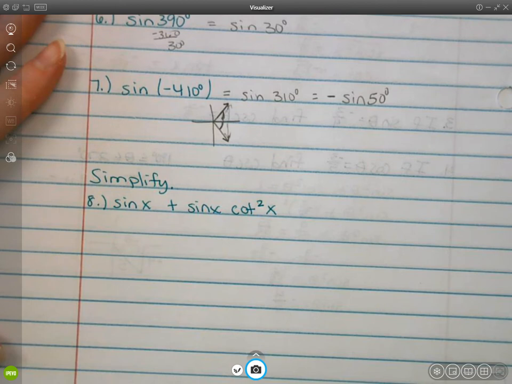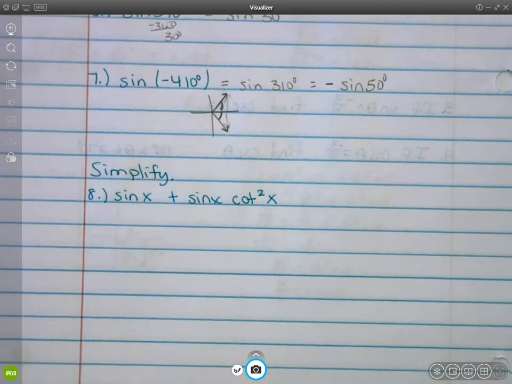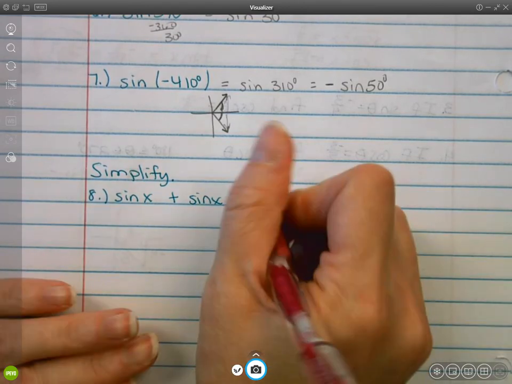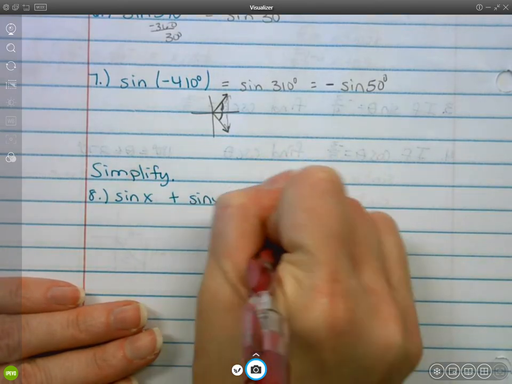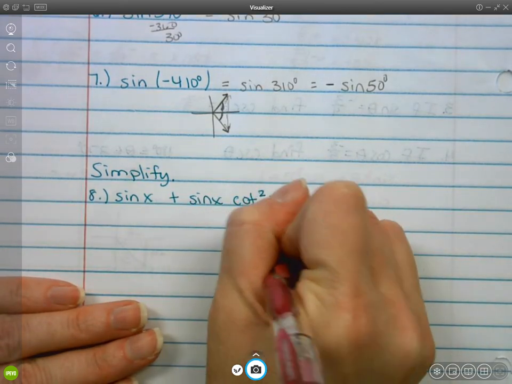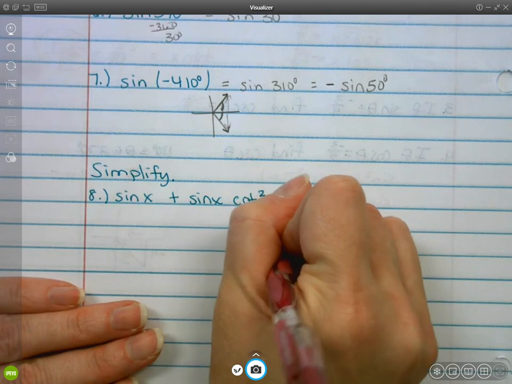My first thought always is change everything to sines and cosines and then work from there. The only thing here that is not a sine or a cosine is that cotangent. Well, I can change it to cosine squared over sine squared using one of those quotient identities.